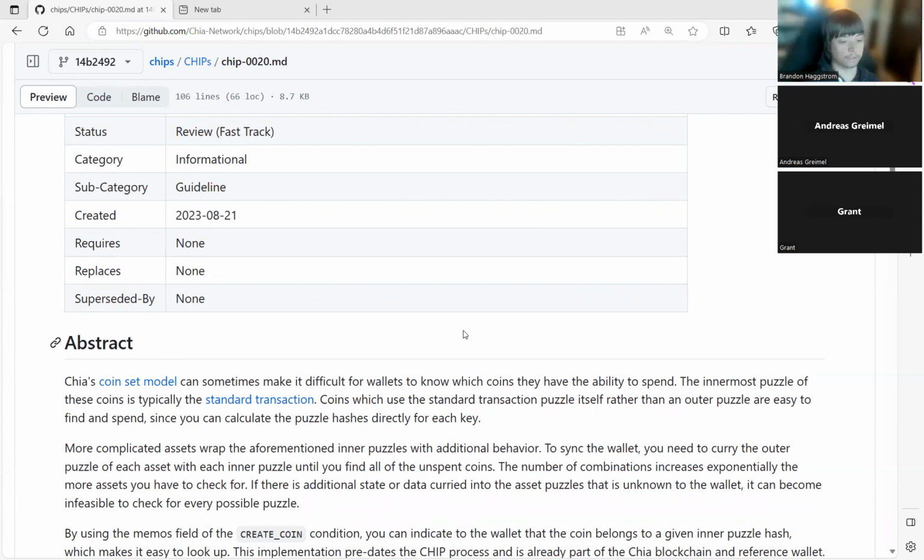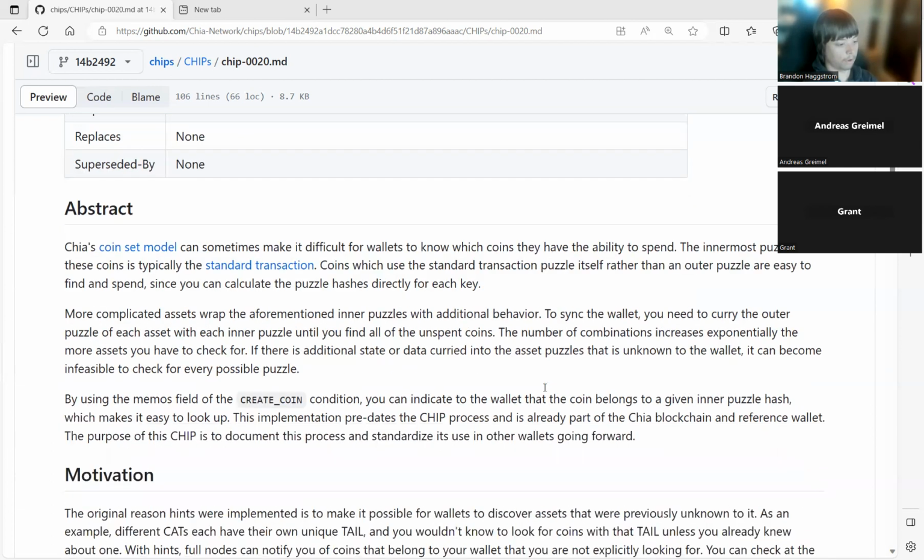You could look up every single possible cat you could have, maybe, but it's just not feasible to do that for things like NFTs where there's 5-6 parameters that you need to check for. It's not possible to brute force that. So you need to know which puzzles you have in your wallet without knowing them up front.